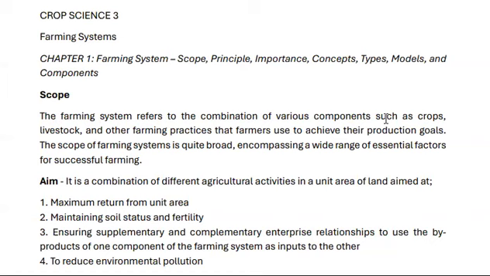Then the aim of farming system is to integrate different agricultural activities in a unit area of land with the aim of maximizing return from a unit area, maintaining soil status and fertility, ensuring supplementary and complementary enterprise relationships to use the byproducts of one component of the farming system as inputs to the other, then to reduce environmental pollution.